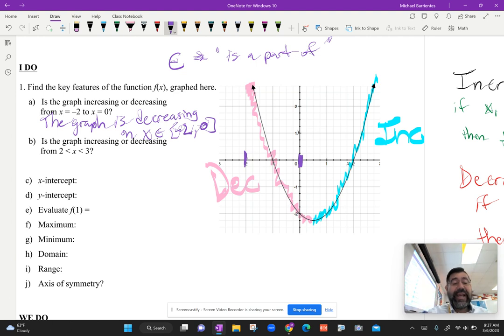And that says my x value, all x values that are a part of. And then this is my interval notation that says I am starting at -2 and I am ending at 0. So it gives me the window. So x's that are between -2 and 0, that's kind of a shorthand way of writing that. But we know that the graph is decreasing in that area.